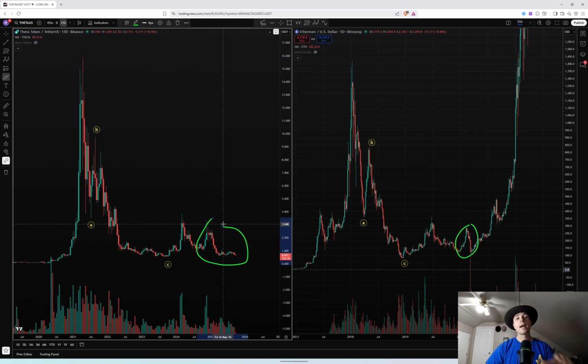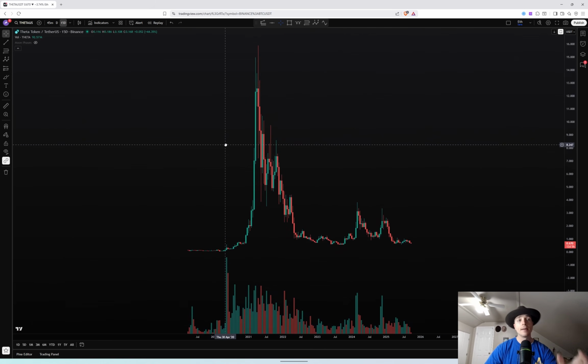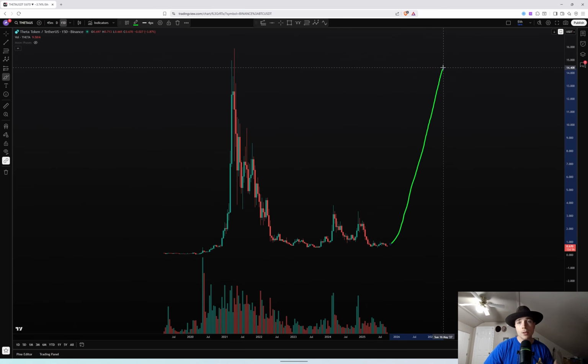In fact, buying Theta right now is pretty much exactly like buying Ethereum in March of 2020 before the 2021 bull market. The only difference being the fact that Theta has a way smaller market cap, so the percentage gains could be astronomically larger than what we saw with Ethereum in 2021. So the smart investors are buying Theta. They're buying it undervalued down here. They're getting ready for a big parabolic run. They're expecting a huge moon to come in this market because they have their head on straight.